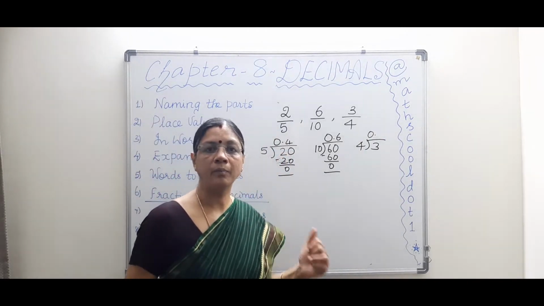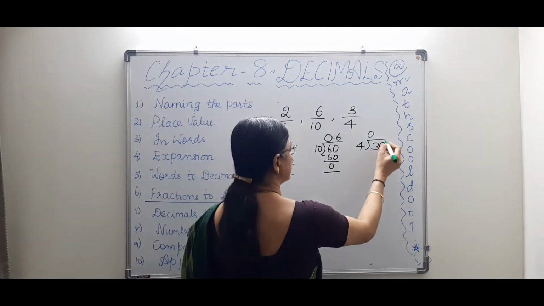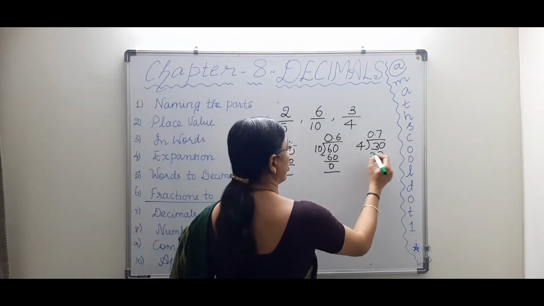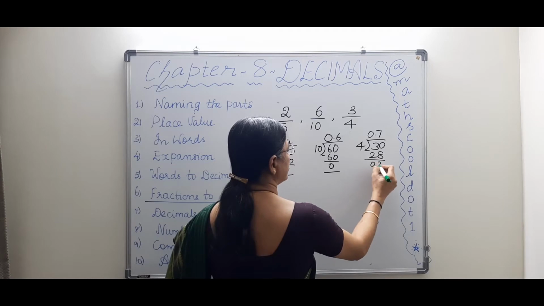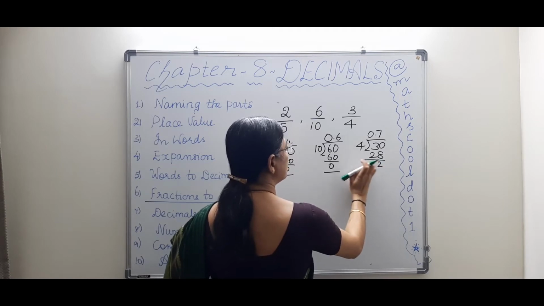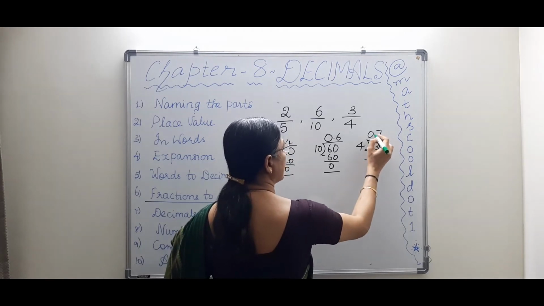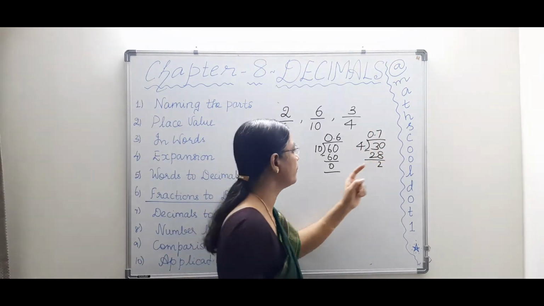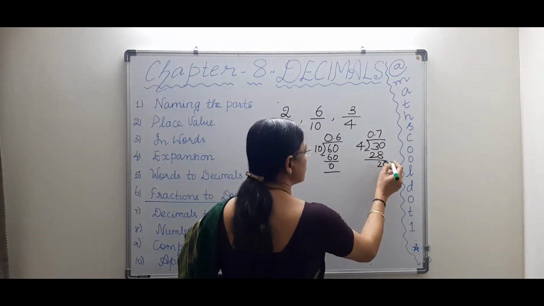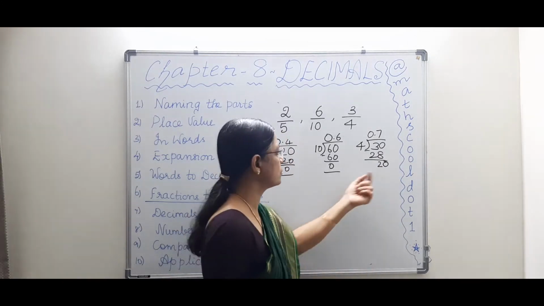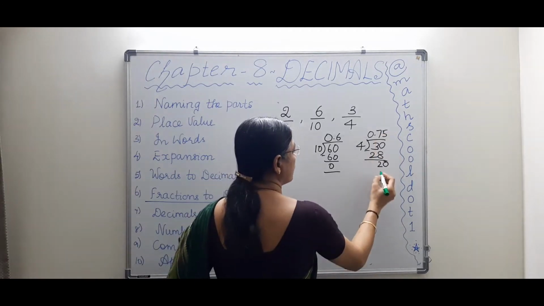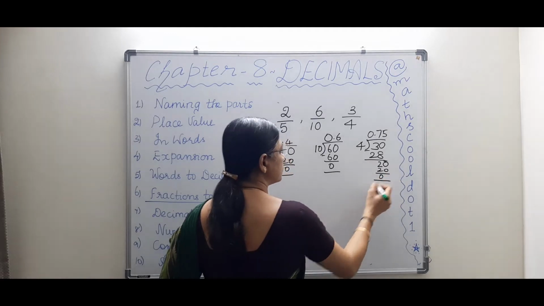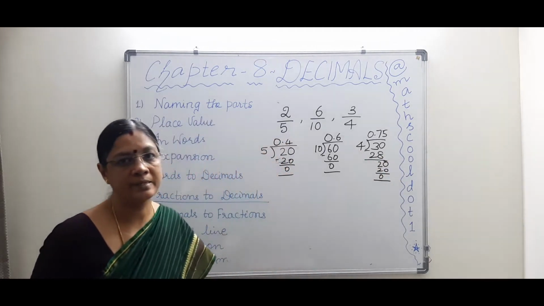Upon adding a point, I can add 0 to this number. 4 7s are 28, so 2 remains. Next, since I have added a point in the quotient, I can add zeros to the numbers. So 20, 4 5s are 20. That is how I get 0.75.